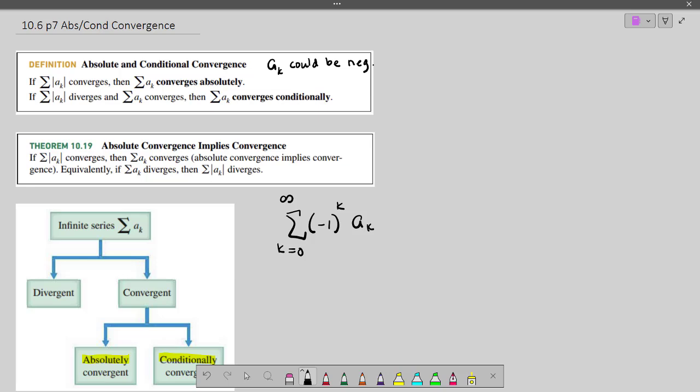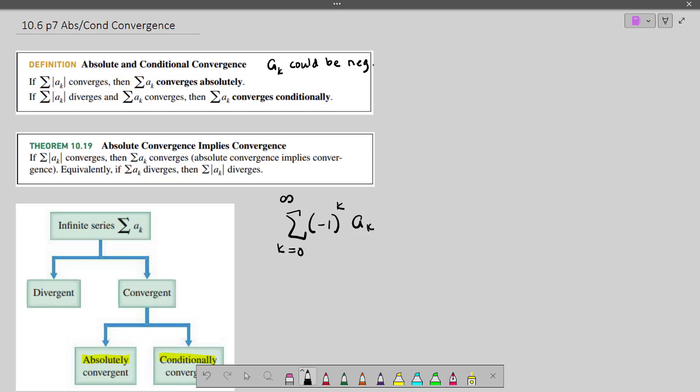So they're saying that the series will converge absolutely when you force everything to be positive. You take the absolute value of every term. If that still converges, and it would have to converge to something bigger, right?